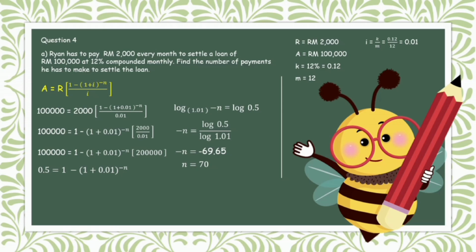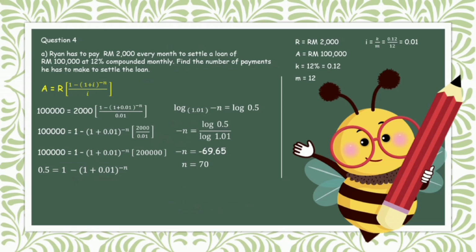For this question, I use the present value formula. A equals R[1 minus (1 plus i) to the power of negative n over i]. How to solve the answer? 100,000 equals 2,000[1 minus (1 plus 0.01) to the power of negative n over 0.01].